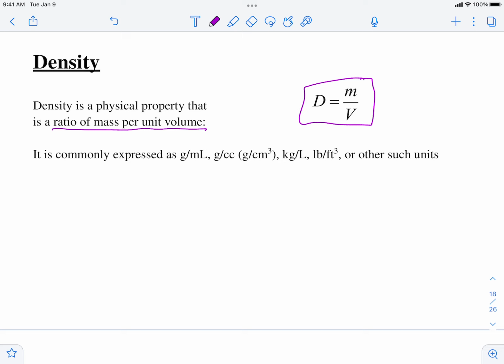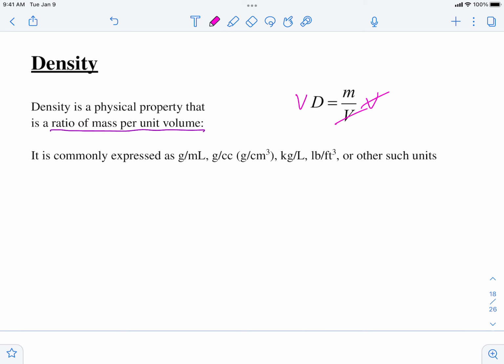Because let's say that I wanted to solve for mass. I would just multiply both sides by volume, because then the volume times the density is how I would get the mass, right? So you're rearranging the equation to solve for different variables.